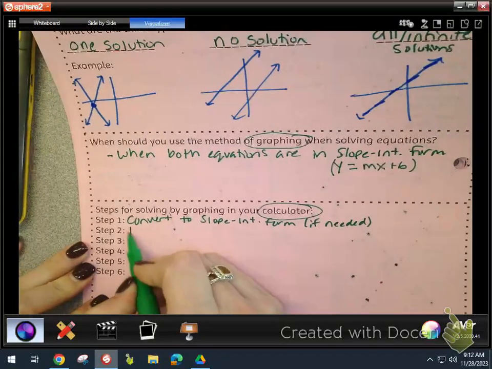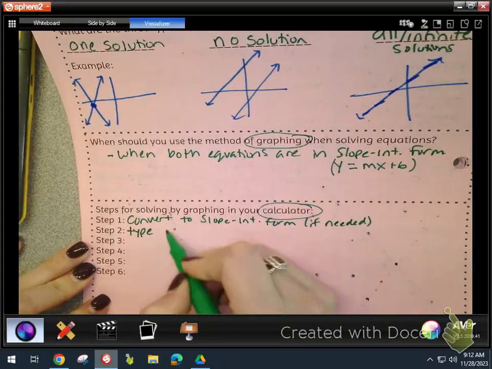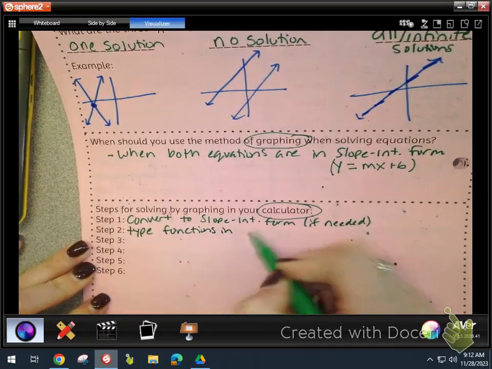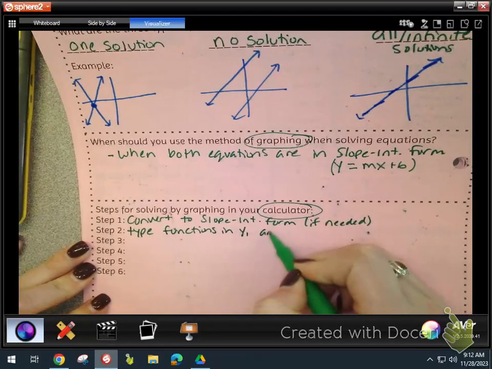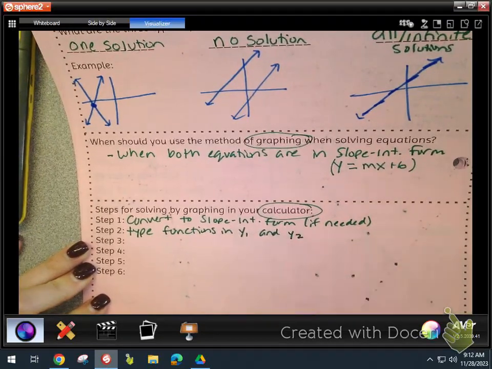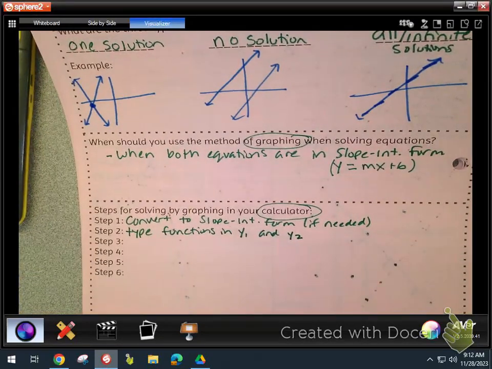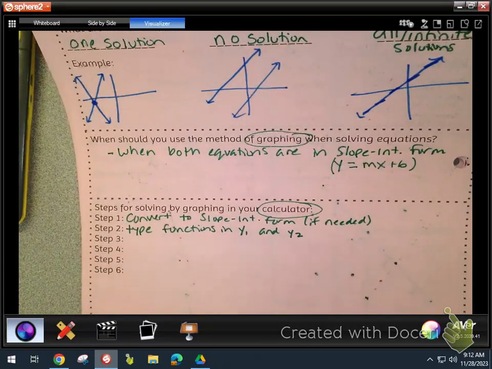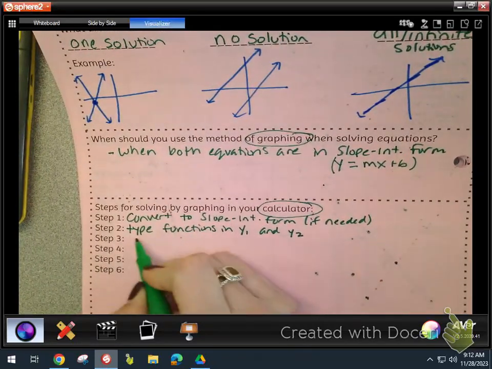Then you type your functions in Y1 and Y2. I'll probably make up an example. We can try an example here in a minute. So you put your equations into Y1 and Y2 in your calculator. And then you graph them.